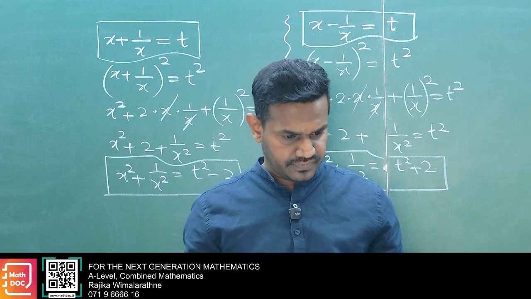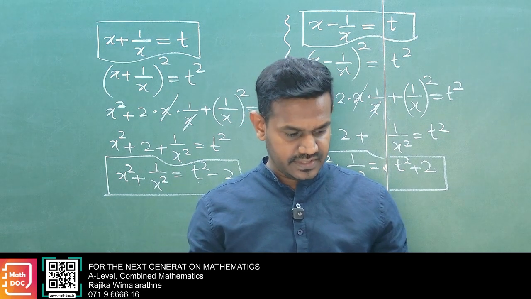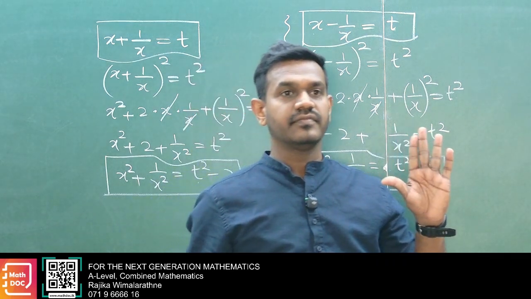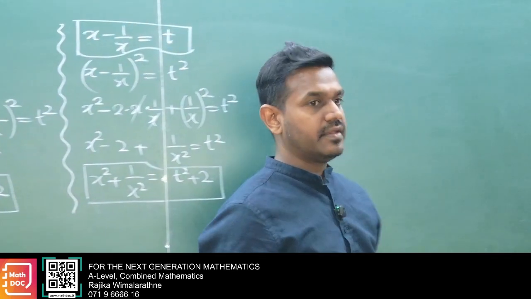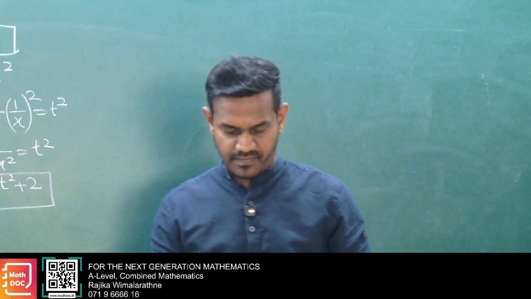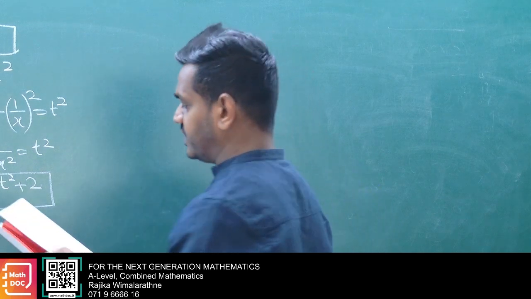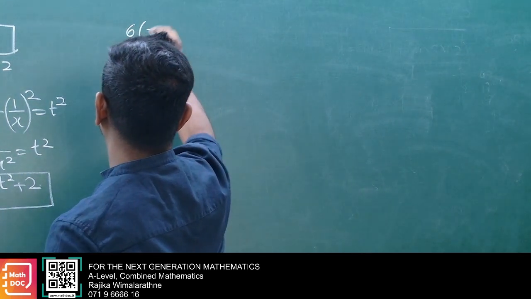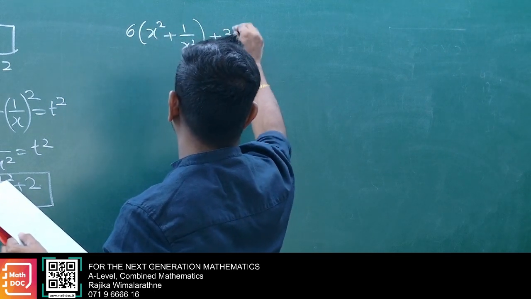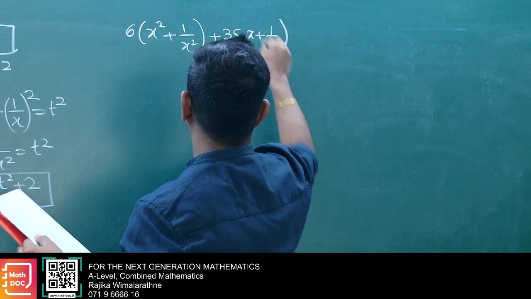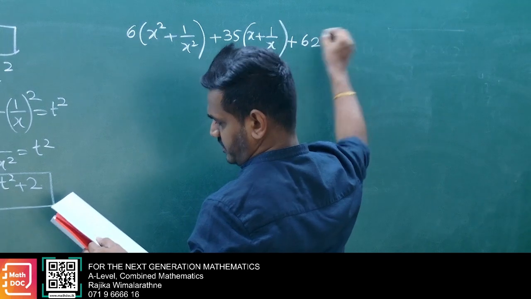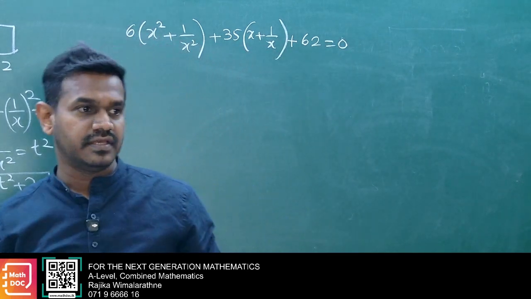Go to page number 5, example 5. Okay, see this one now. Here given: 6 times (x squared plus 1 over x squared) plus 35 times (x plus 1 over x) plus 62 equals 0.